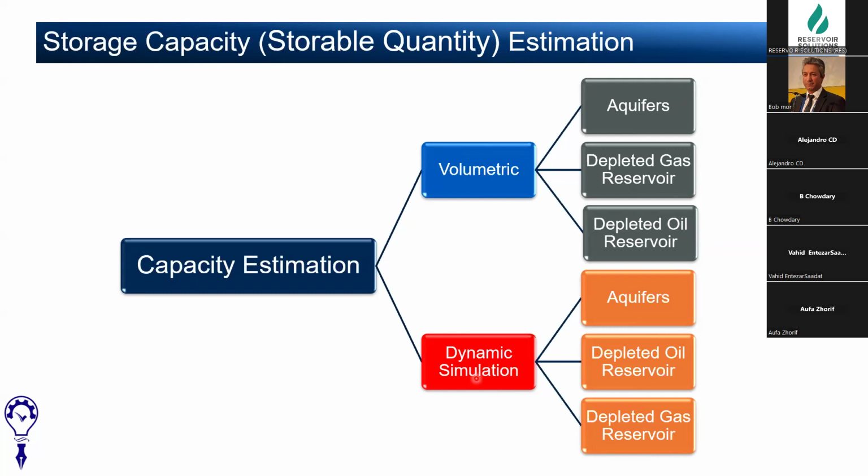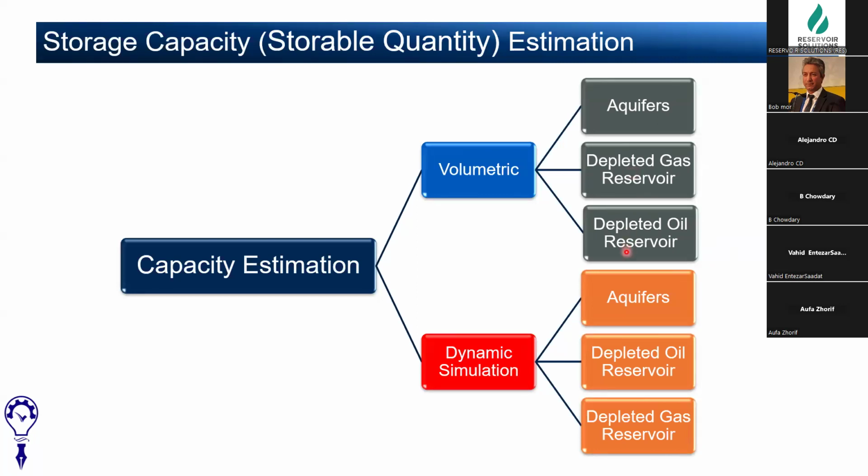But we need to consider that for different types of geological storage, we need to use a different method and a different approach. For volumetric estimation of capacity, we have different formulas and equations for aquifers, for depleted gas reservoirs, and for depleted oil reservoirs.